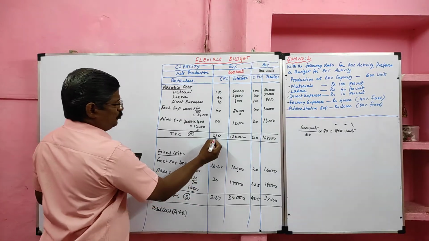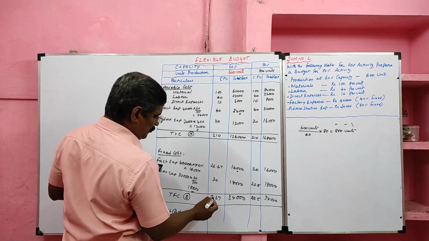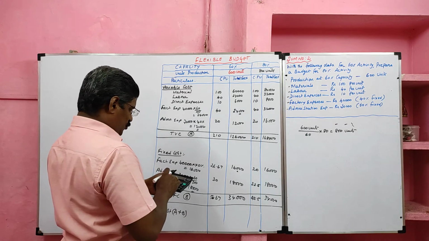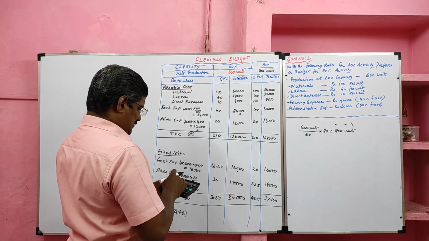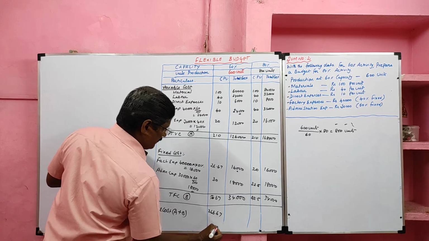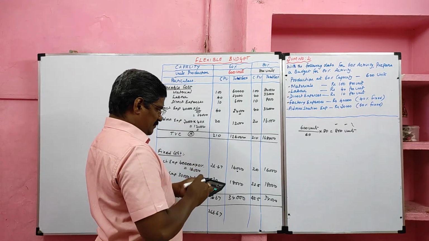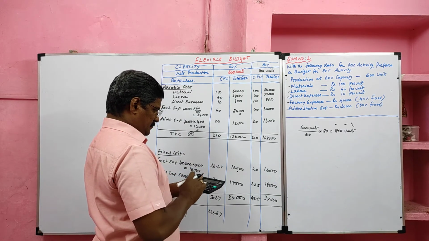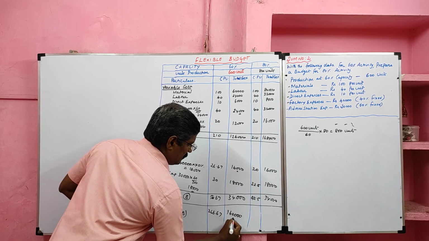Variable cost 210 plus fixed cost 56.67 gives total cost per unit of 266.67. Adding the total costs, 1,26,000 plus 34,000 gives 1,60,000 rupees.